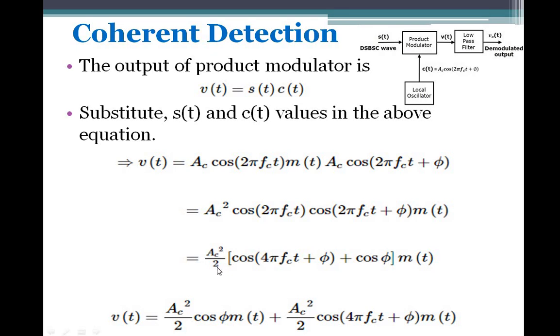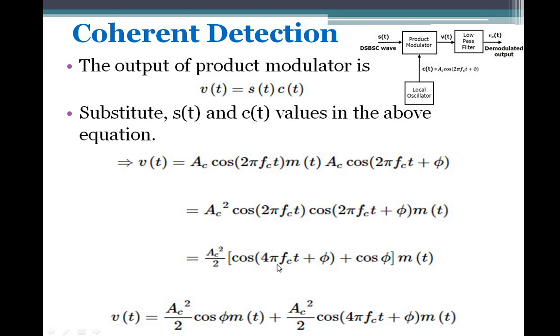I'll take 1 by 2 as common. So Ac square by 2 times cos (A plus B), where A is 2 pi fc t and B is 2 pi fc t plus phi. So A plus B becomes 4 pi fc t plus phi, correct? Then A minus B: 2 pi fc t minus 2 pi fc t cancel, and you will get cos phi into m of t.